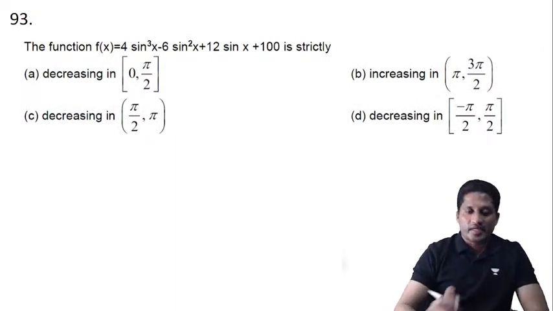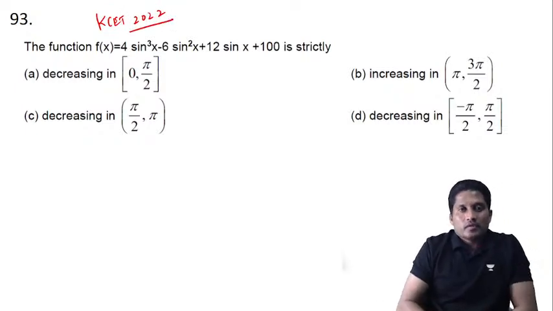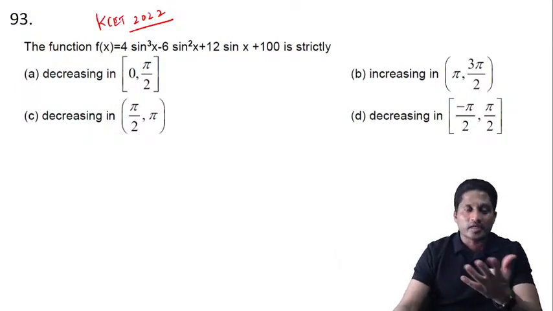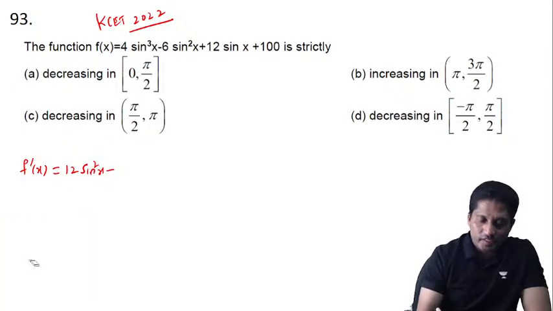Right. Question number 93. Even this is KCET 2022. I should find the interval in which the function is strictly decreasing or increasing. f dash of x is equal to 12 into sine square x, and then chain rule, differentiation of sine x is cos x.